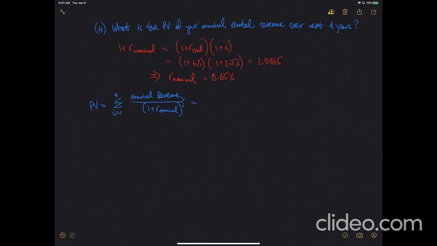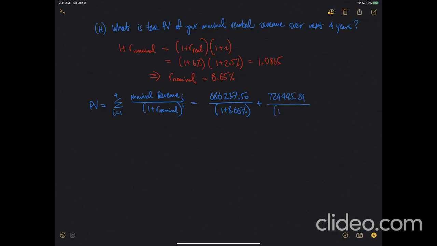So the nominal revenue in year 1 is $686,237.50. We're discounting this to present at 8.65%, plus the second nominal revenue, which is $724,495.24.